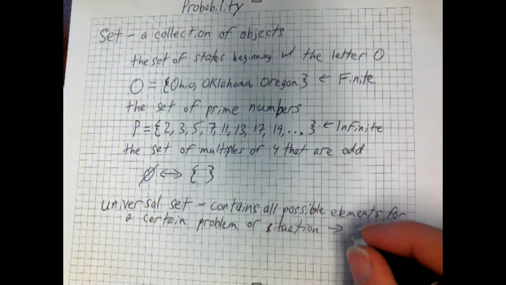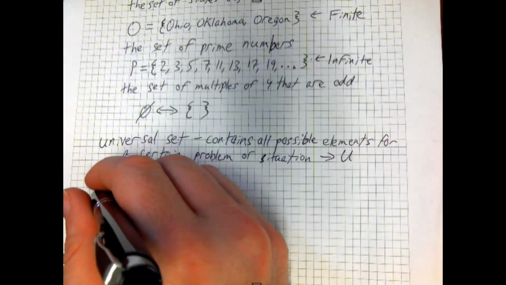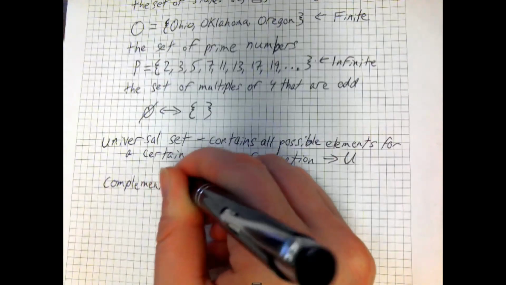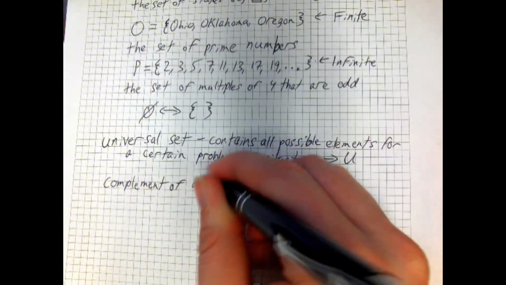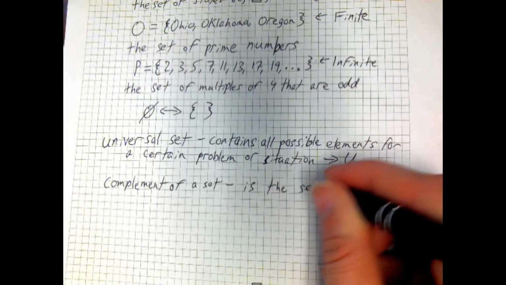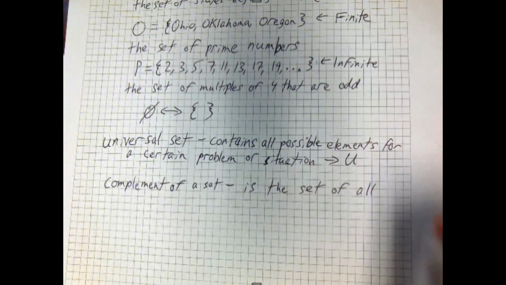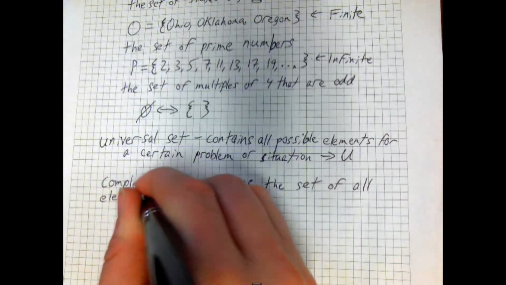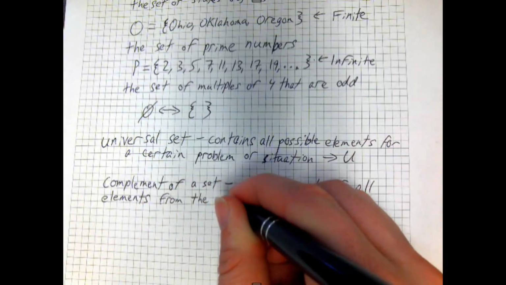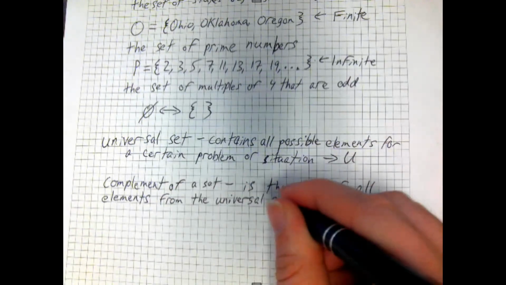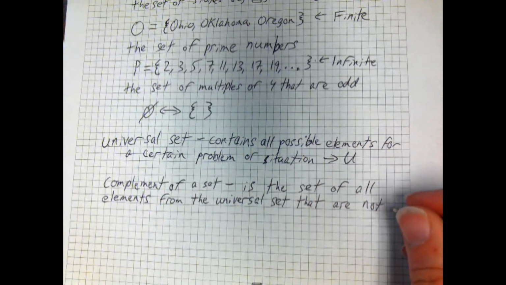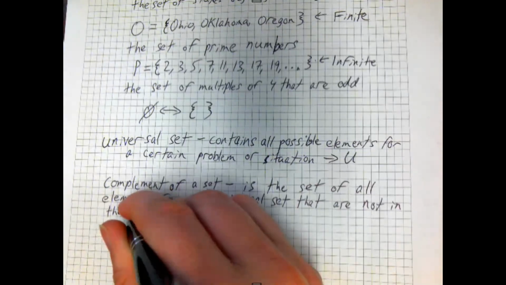And it is denoted as U. The complement of a set is the set of all elements from the universal set that are not in the original set.